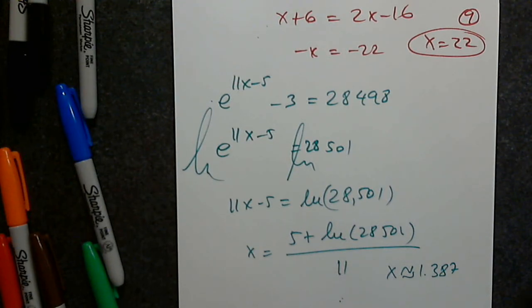1.387, if this is correct, what should I get? 0. Excellent. If I don't get 0, this is the tolerance of the calculator. This is the error of the calculator. What does it mean? It means 0.000000008 zeros and 1.